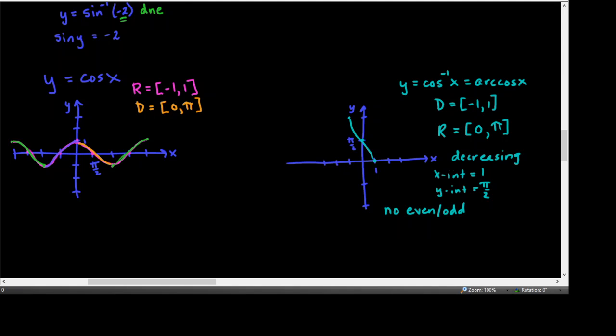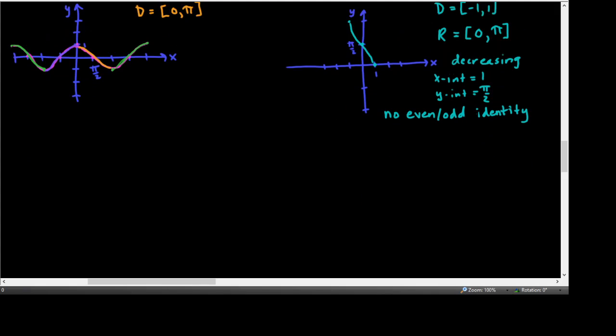So there is no even-odd identity for inverse cosine, which is strange because we've had an identity for every trig function, but we're not going to have an even-odd identity for the inverse trig function, cosine inverse. So that's kind of interesting and something to take note of.